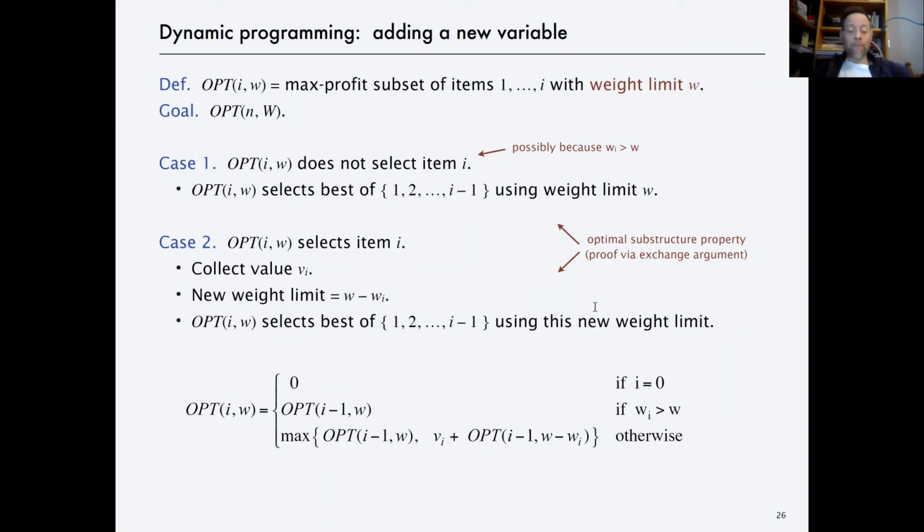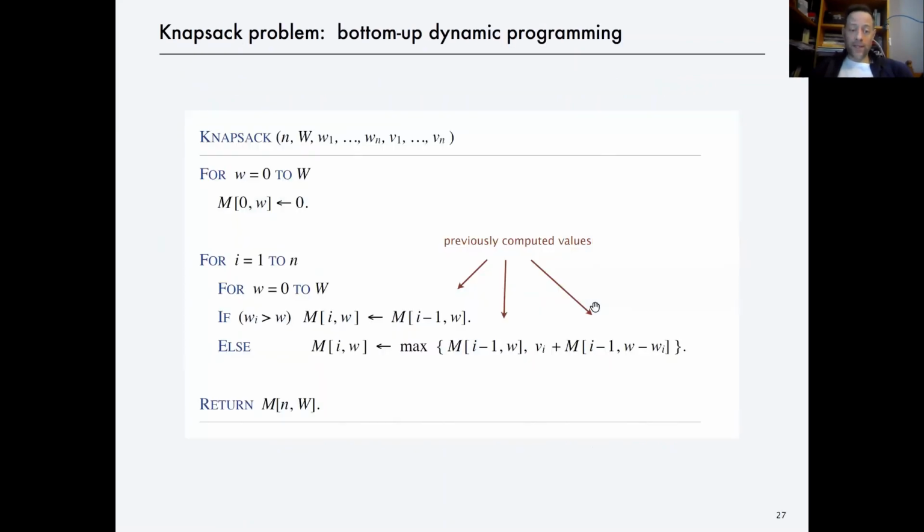In the third case, we have the option of either not choosing this item, and then W is the same, or we select this item, we collect the value, and we remove the weight from W, and then we find the optimal choice based on that. So now we have this recursive definition, which would then allow us to do a straightforward recursive implementation.